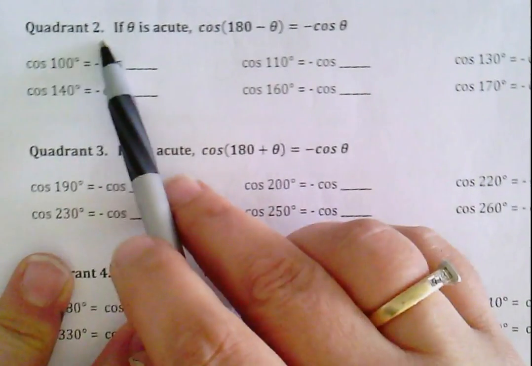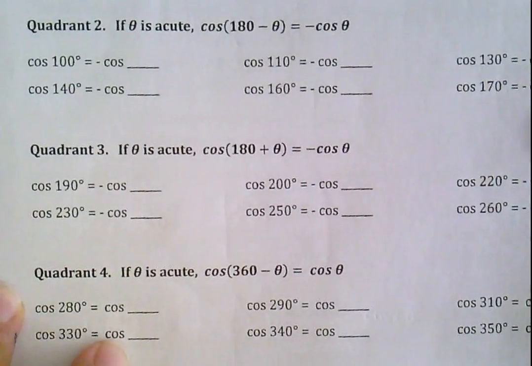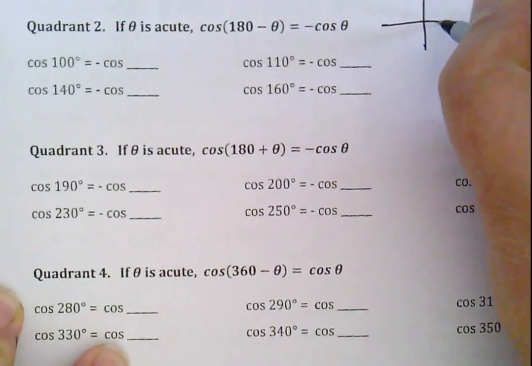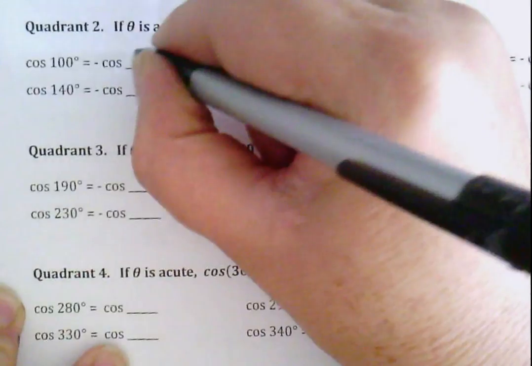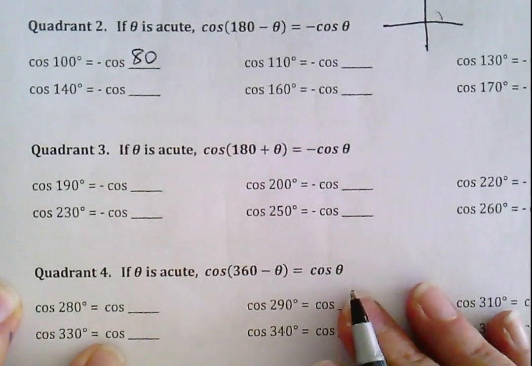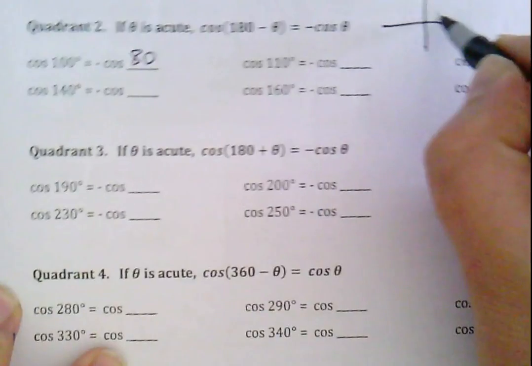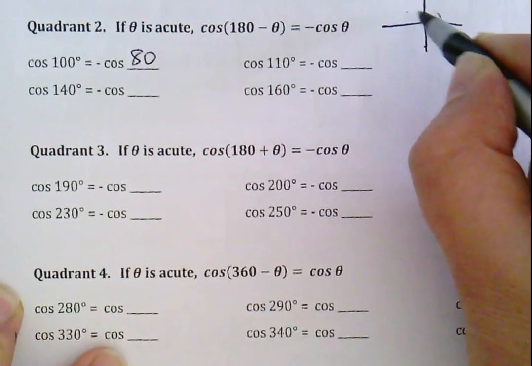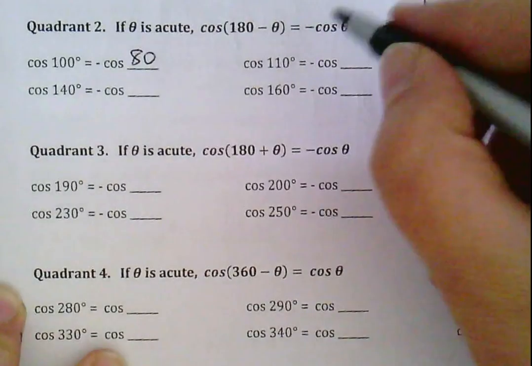Now, we know cos is negative in quadrant 2. So cos of 100, just think if you're going around like this, what's left over in here? Good. But because cos is negative in quadrant 2, it's negative cos 80. This is how you think of it. Cos of 110, if I go 110 around, remembering that there's 180 in a straight line, how short am I?